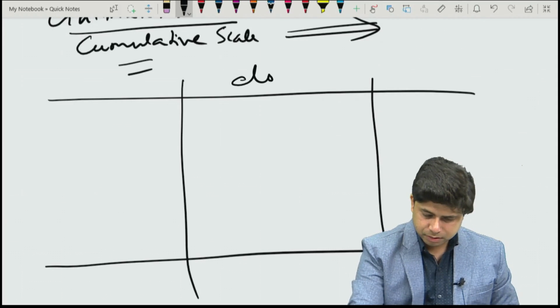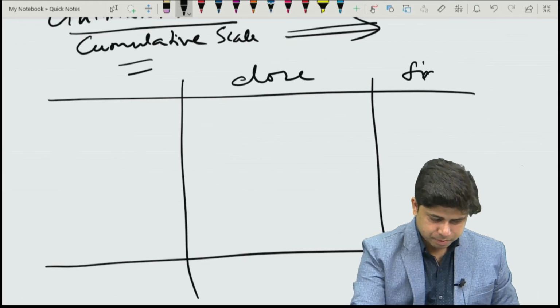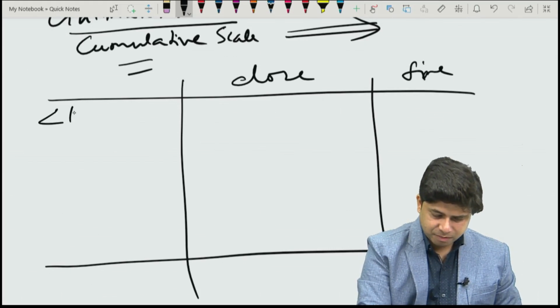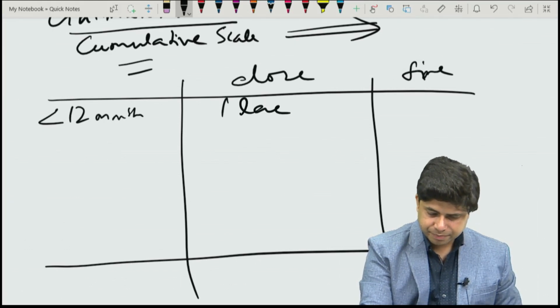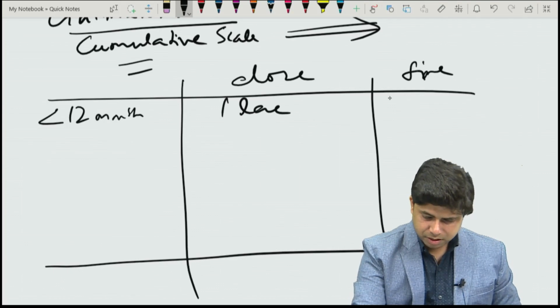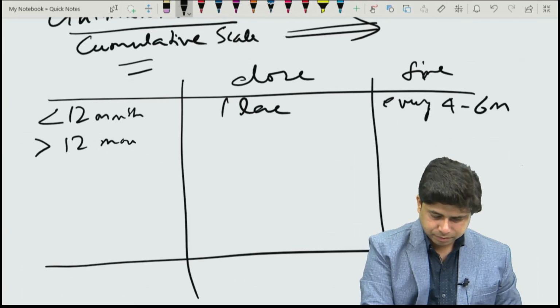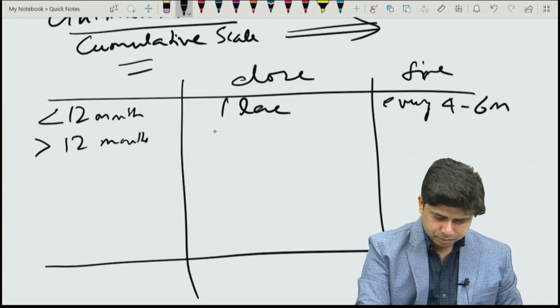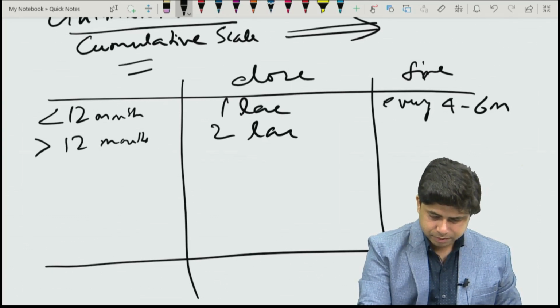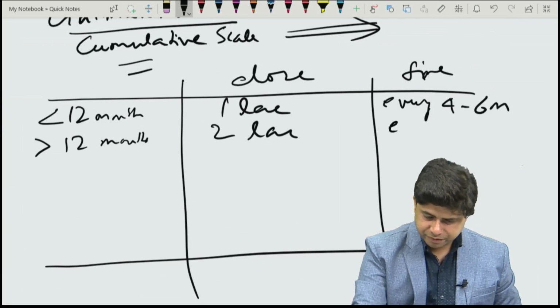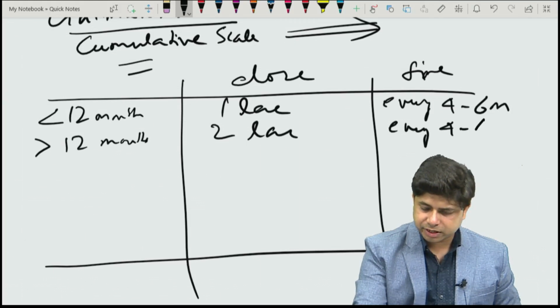The dose: less than 12 months, 1 lakh every 4 to 6 months. More than 12 months, 2 lakhs, again every 4 to 6 months.